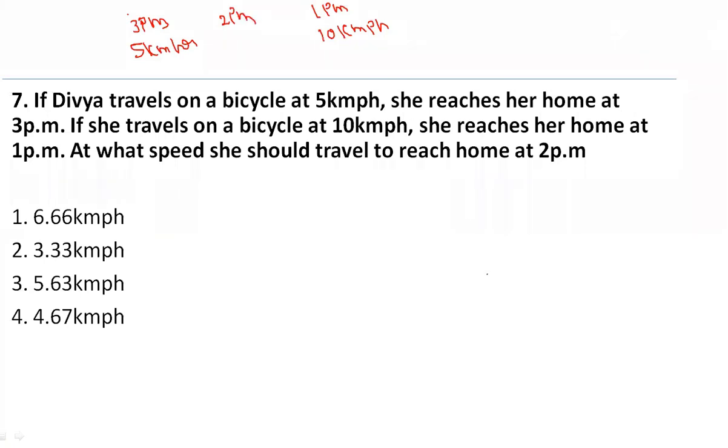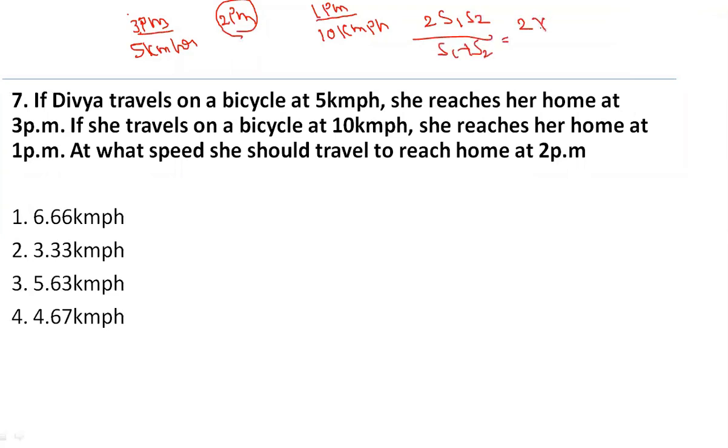So we can apply the logic of average speed here to answer the question. When can we apply it? Here, the time of case 1 is 3 p.m. and the time of case 2 is 1 p.m. If the time they are asking is exactly between the case 1 time and the case 2 time, then it goes the same as average speed, 2 S1 S2 by S1 plus S2.